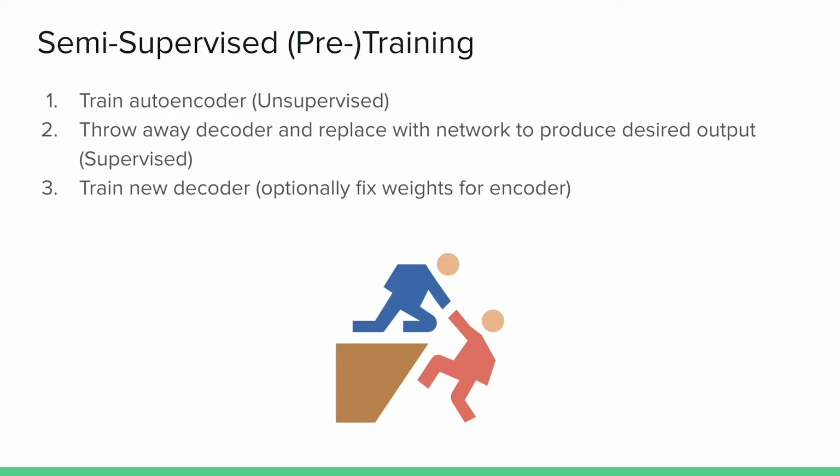We can optionally train this new decoder as well, or we can throw it away entirely and just use the encoder for getting a good representation of our input features.